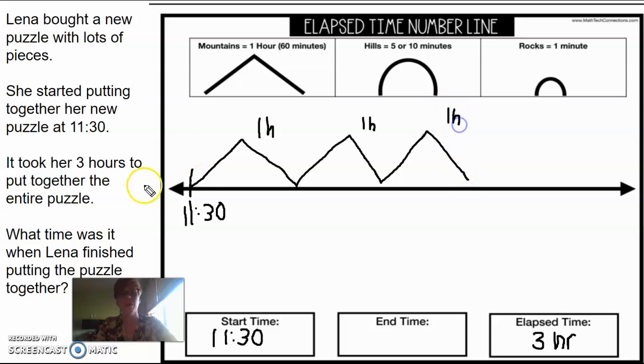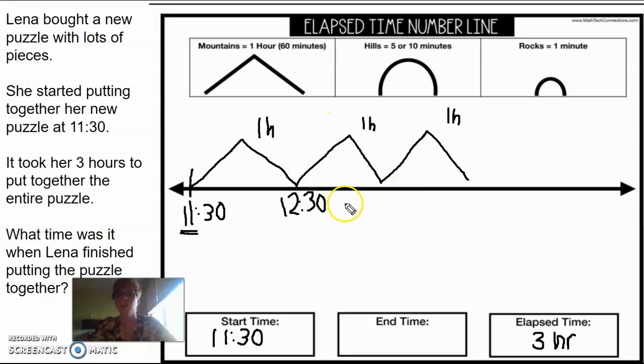Now we're going to go back and we're going to figure this out. We are working with hours now. The minutes don't change, just hours. So 11:30 plus 1 hour. We're just going up 1 hour is what? 12:30. Write this down. 12:30. Now, it doesn't really matter if it's AM or PM. We're just going to the next hour.